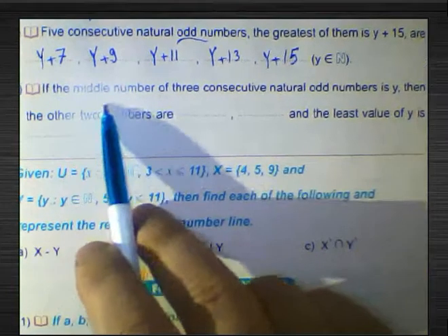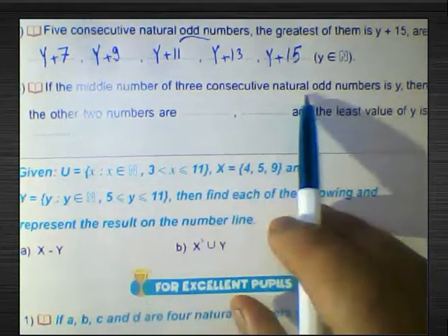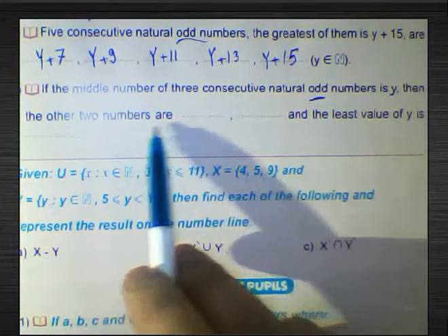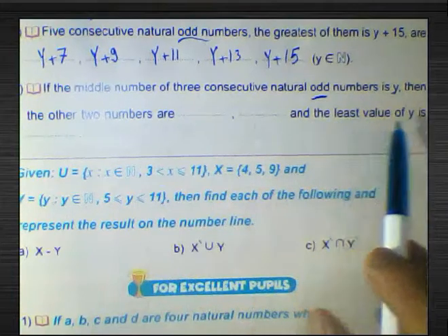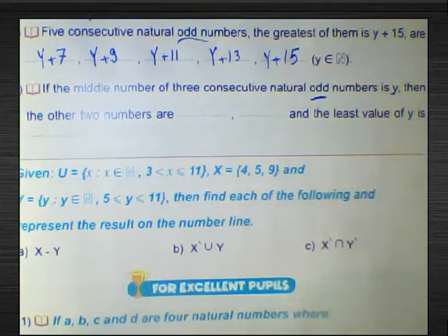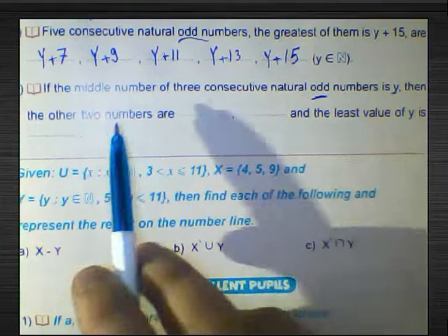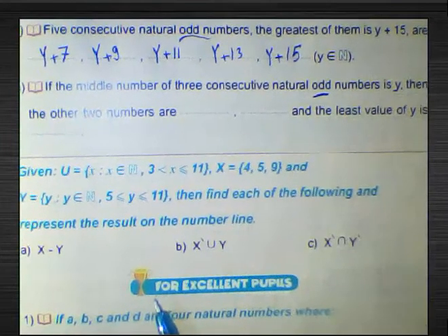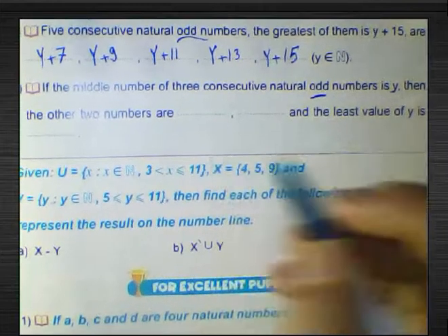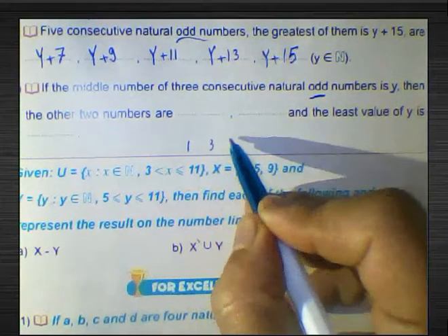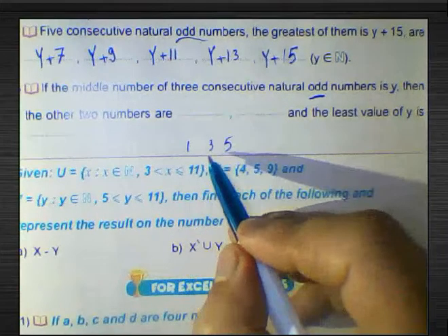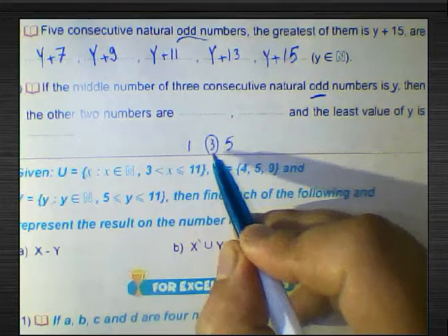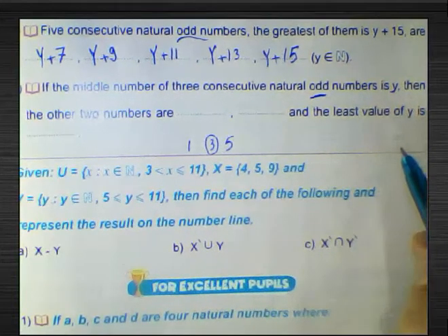If the middle number of 3 consecutive natural odd numbers is y, then the other 2 numbers are blank and blank, and the least value of y is blank. We know the odd numbers are 1, 3, 5, so 3 is the least value of y.